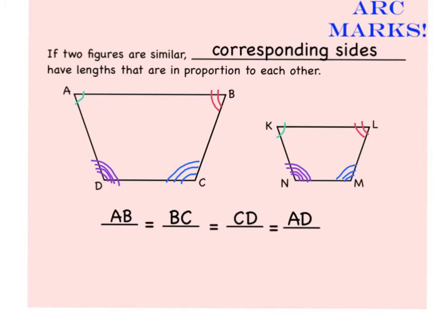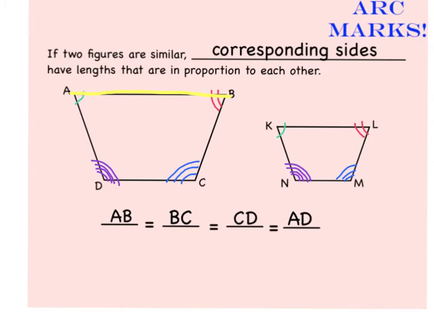Okay, let's take a look at the relationship between corresponding sides of similar figures. If two figures are similar, corresponding sides will have lengths that are in proportion to each other. And we can write a corresponding side statement, a proportion statement. So let's take a look at side AB. I'm going to just highlight that side.